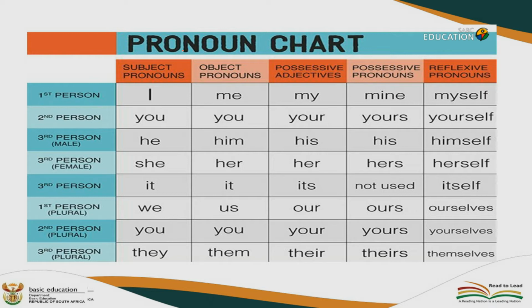And we have third person, which can come as he or she. These are some of the pronouns that you can find in the English language. Mine is possessive. Yours is possessive. We also have yourself, myself. Please note that reflexive pronouns are written as one word, even though they are compound words.